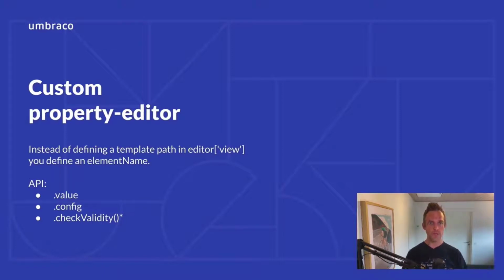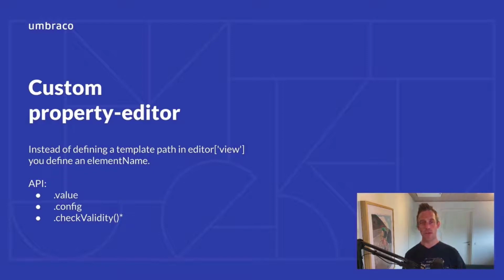It's just the element that you define, and then you put properties on them that we interact with. So there will be a value property, which is mandatory, where we will give you the initial value, and you will update it probably with some kind of getter setter magic to the string that we will eventually store. So as the editor interacts with your component, that's what will happen.